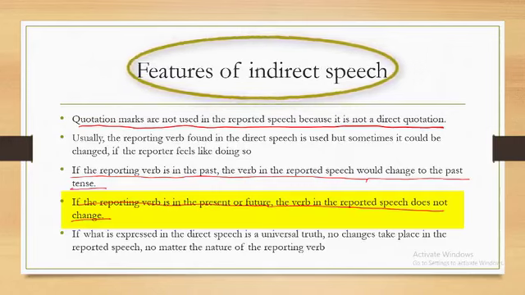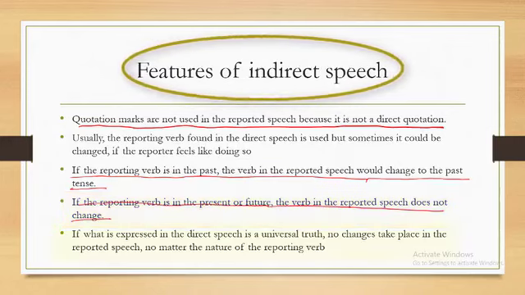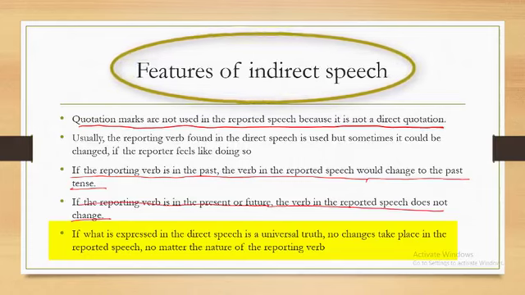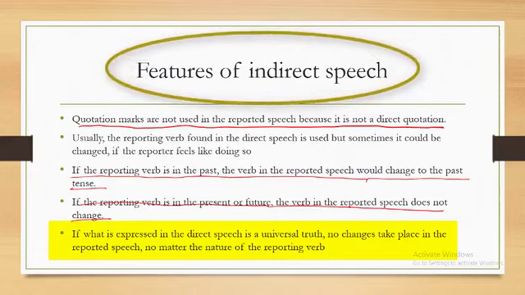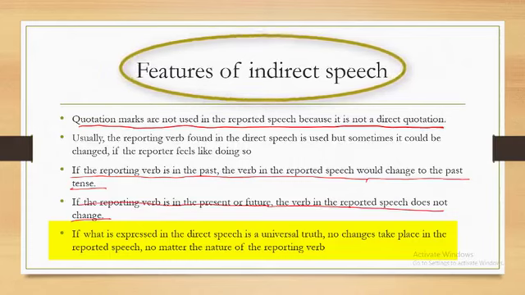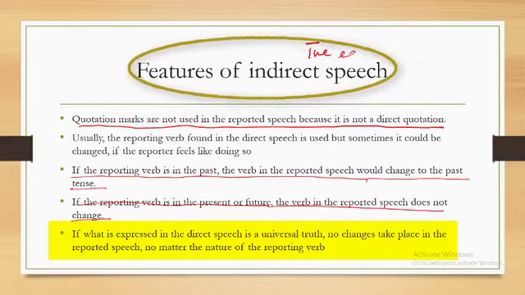Okay, let that stick. And if what is expressed in the direct speech is a universal truth, then no change takes place in the reported speech. I'll give an example of a universal truth. I say something like, the earth is spherical.